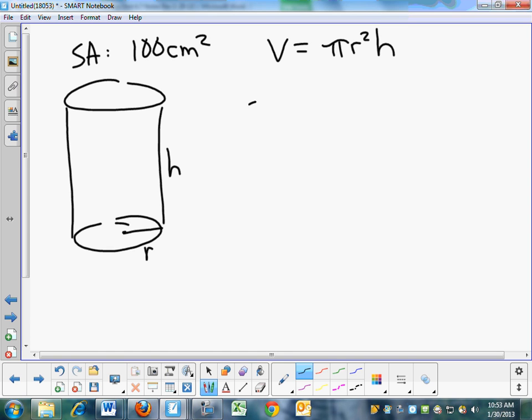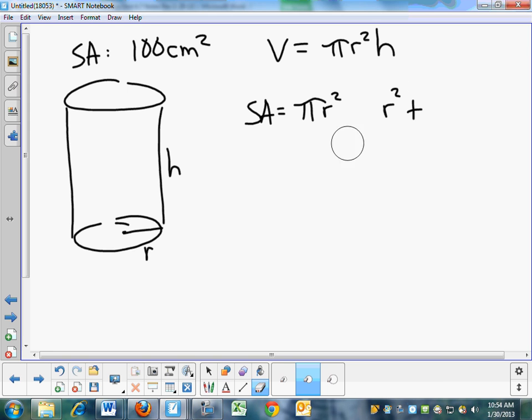So the surface area is equal to the area of the bottom, which is pi r squared, plus the area of the top, which is pi r squared. Oh, there's no top? Okay, all right, well, that makes it nice. So it's an open top, so we got pi r squared plus, we need the label, right?